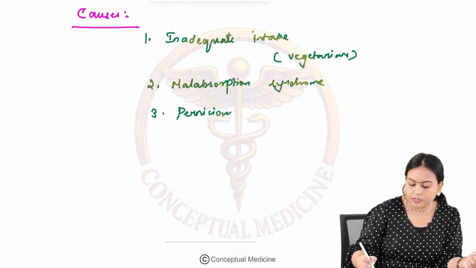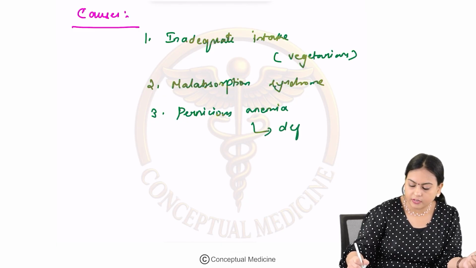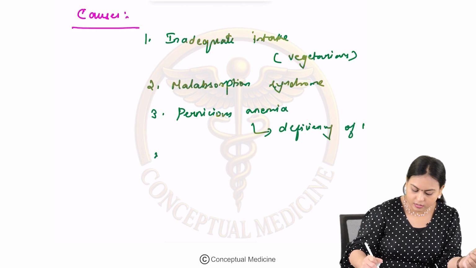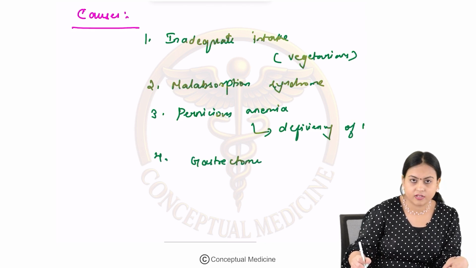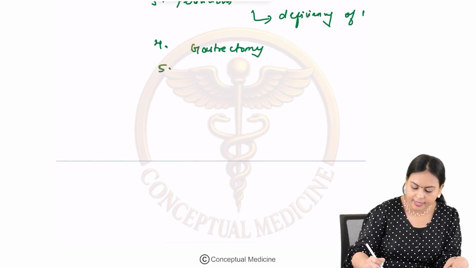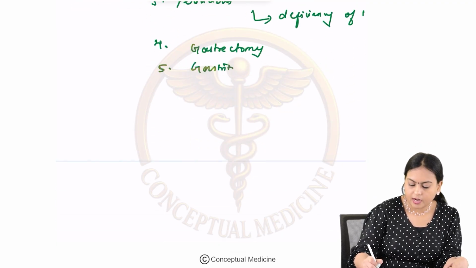Pernicious anemia is an anemia which is caused due to deficiency of intrinsic factor. Then, if there is a history of gastrectomy, even in gastritis and also in HIV infection.